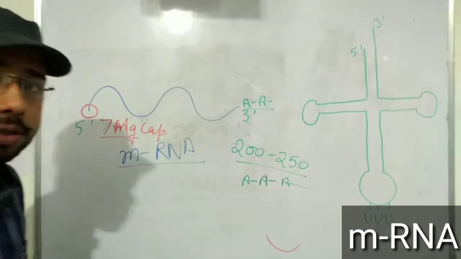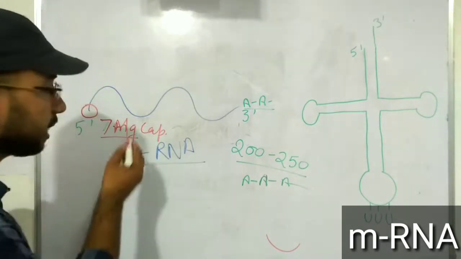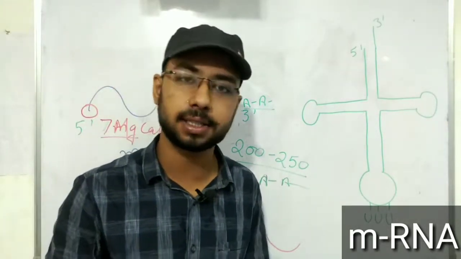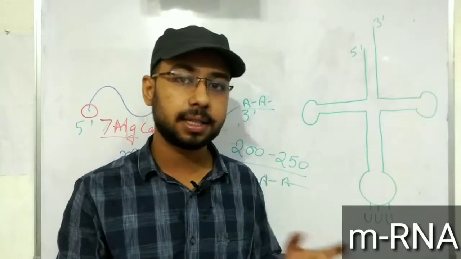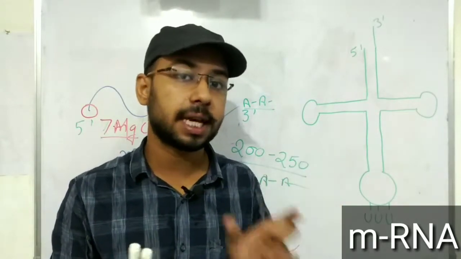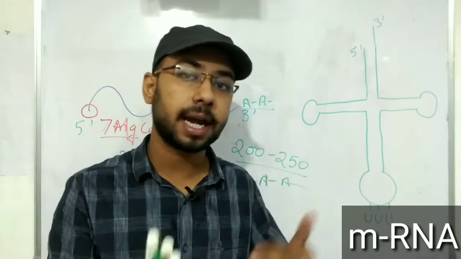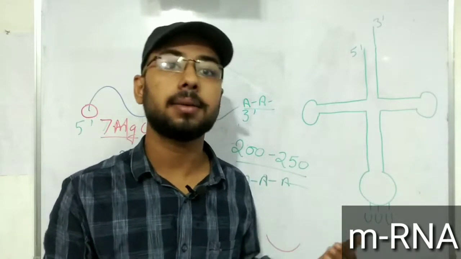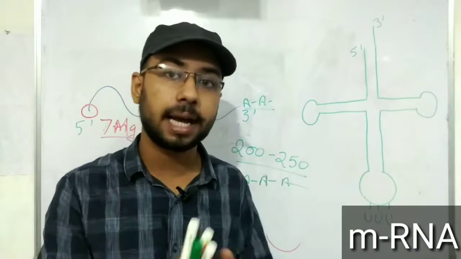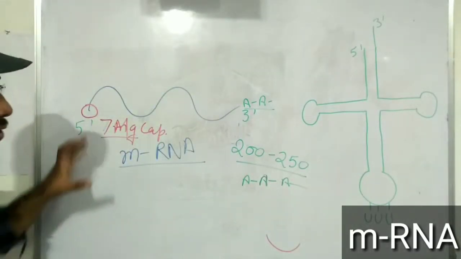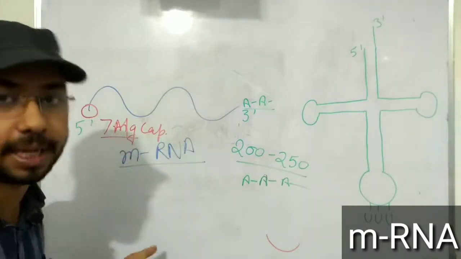The 7-methyl guanosine cap is recognized by the ribosome, as we studied in translation. In eukaryotes, the 7-methyl guanosine cap recognizes the ribosome binding site and binds with it to make a ribosome-mRNA complex. So this is also helping. So this is a mature RNA which is stable.